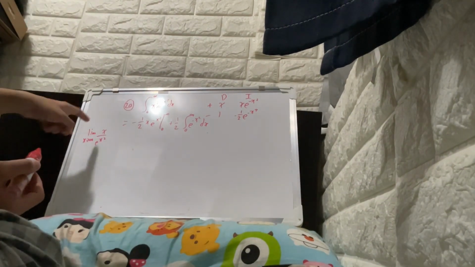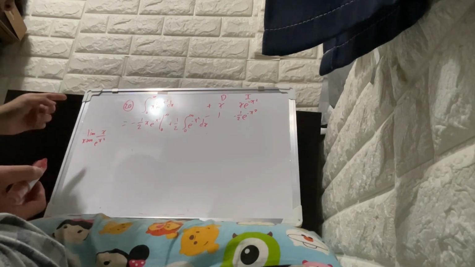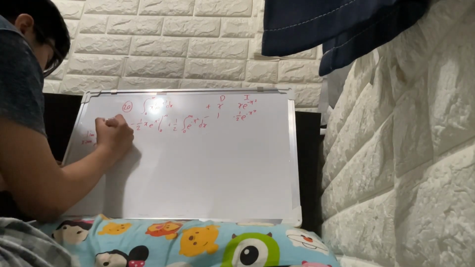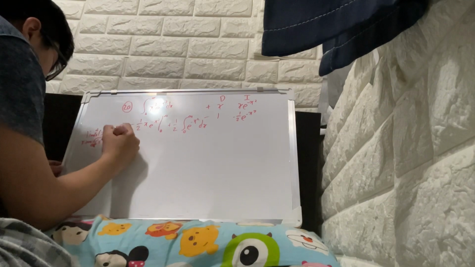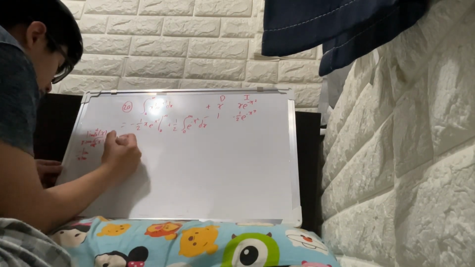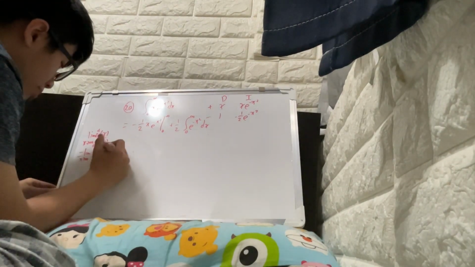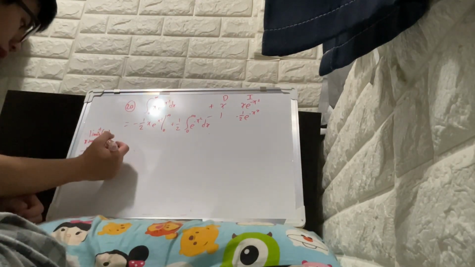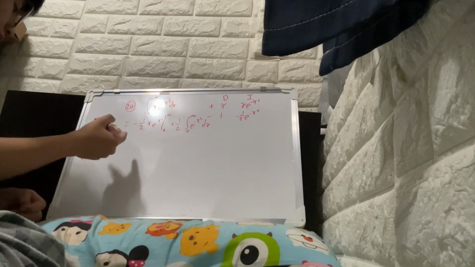If we plug infinity inside, this is an infinity over infinity situation, so we're going to use L'Hospital's rule. So you get the limit as x approaches infinity, differentiate x, you get 1, and differentiate e to the power of x squared, you multiply by the derivative of x squared because of the chain rule.